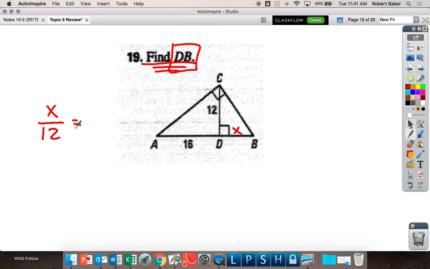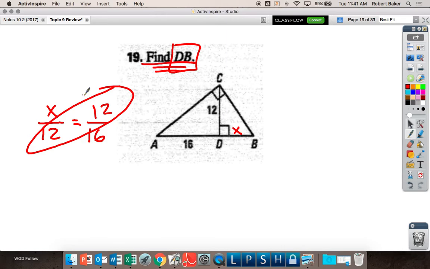Equals 12 over 16. You have to have the same. No, it's 16. Taylor, you have to make sure that you have a geometric mean. I thought the X was over there, but I see it now.